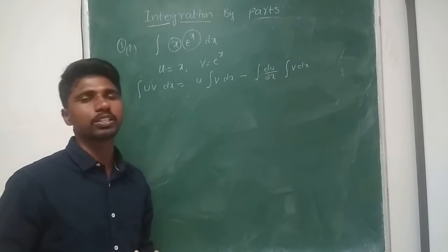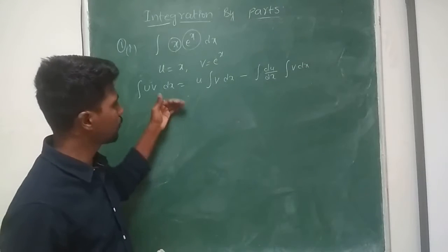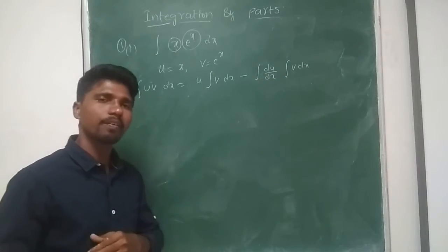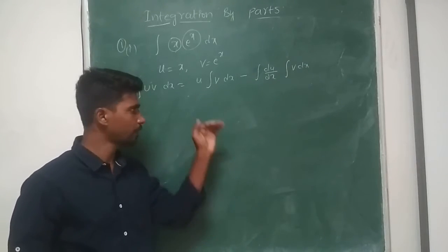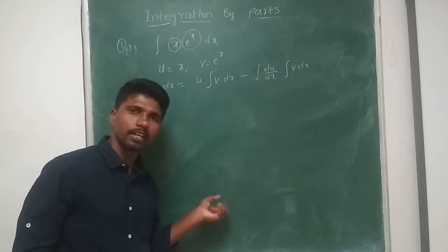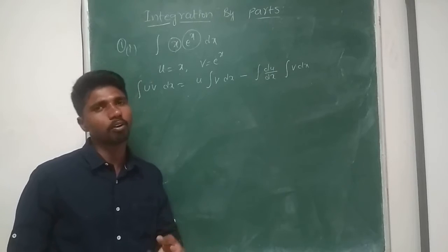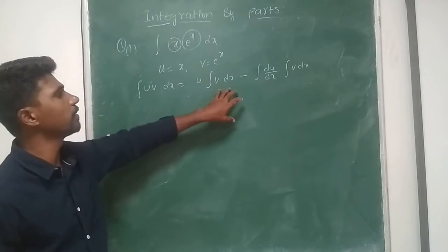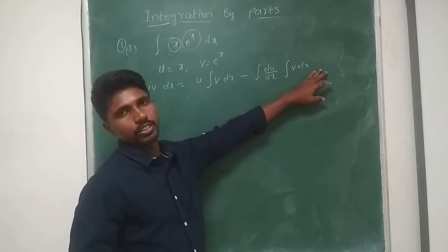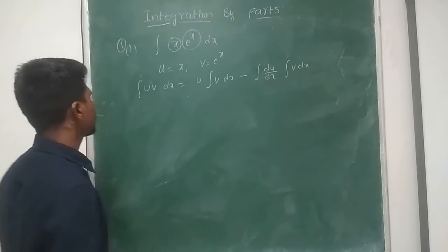We can add the constant after completion of the procedure, after getting the final answer. So after solving, in the final step, we can add one arbitrary constant. We don't need to add arbitrary constants here.